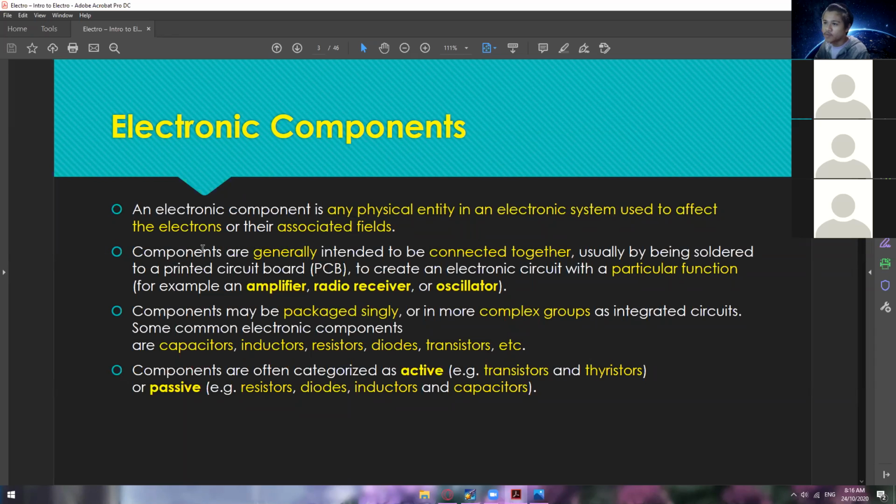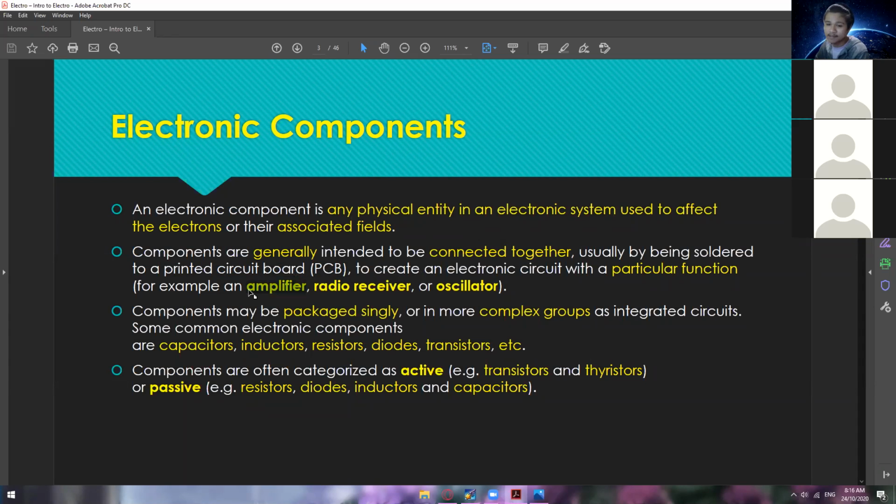Components are generally intended to be connected together. So of course, this is very simple. There are some components that are made up of many components, and there are other components that are a single component only. If you connect those components together, you might solder them to a PCB or printed circuit board to create an electronic circuit with a particular function.